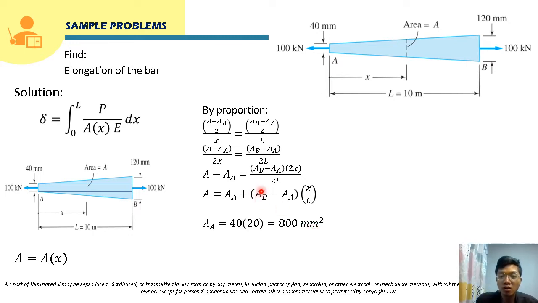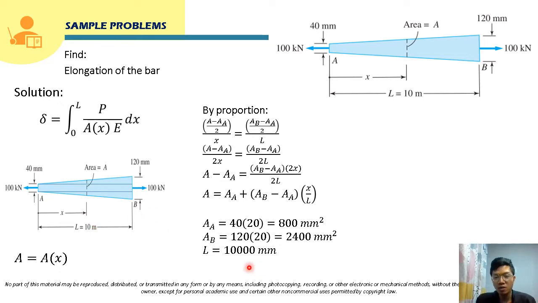We can also solve for A_B. That is the area here at point B, at this section. So this is 120 millimeter times the thickness, which is 20. So this will be 2,400 millimeter squared. Now we can substitute these values here, and also for length, that is 10 meter, but we will use millimeter here, so converting that will become 10,000 millimeter.